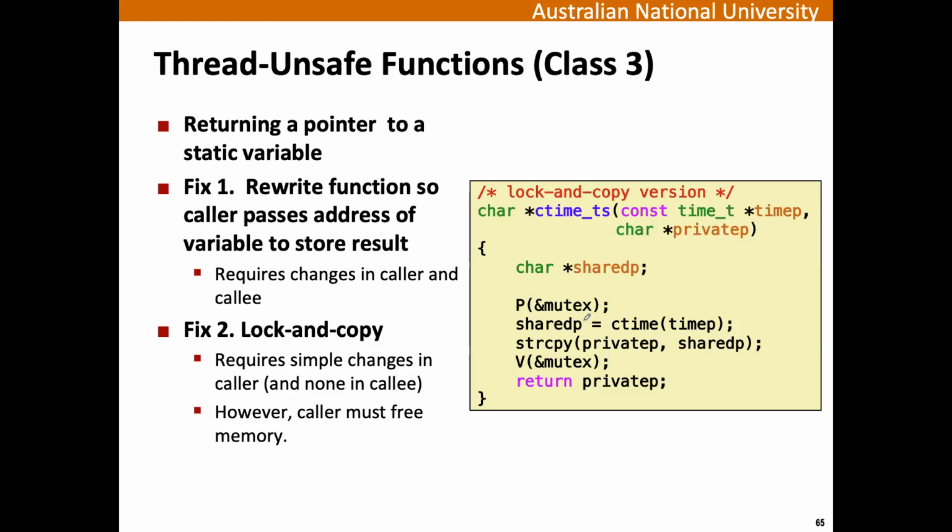So what is the fix? The first fix is the same as seen before: rewrite the function so the caller passes the address of the variable to store the result. So make it the responsibility of the user of the function to provide a pointer to a structure that the ctime function can then fill in.